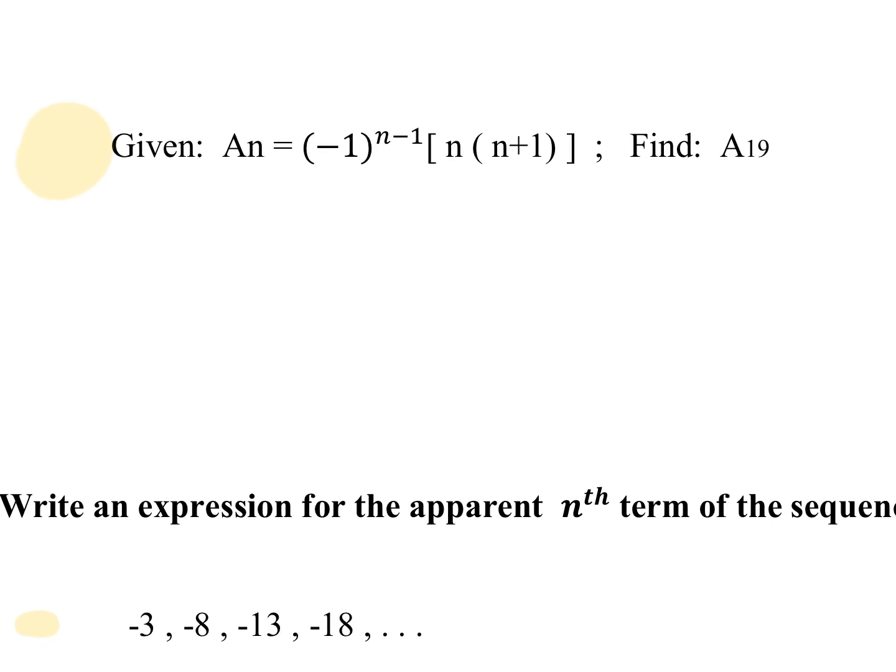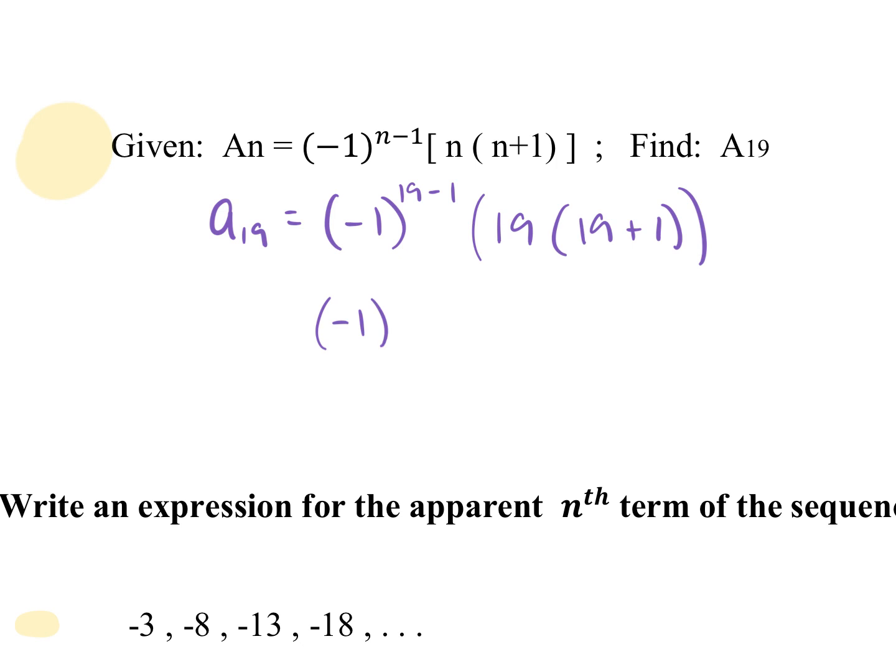So it's asking us to find a sub 19. How would I find that? Plug in 19 into all of our ns. So I have negative 1 to the power of 19 minus 1 times 19 times 19 plus 1. Be super careful with your order of operations here. What would I do first? The brackets. Perfect. I'm going to do the exponent up top here because that's not going to change anything.